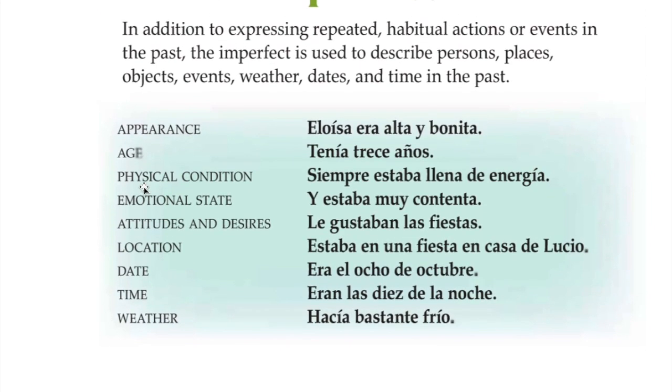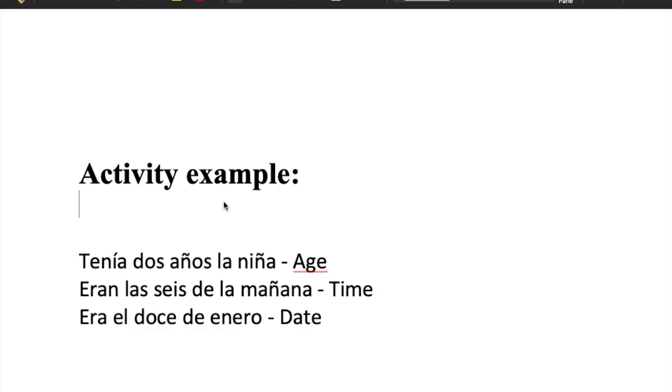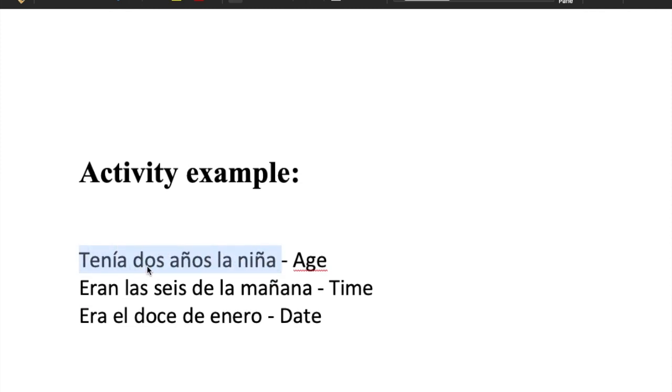So right here you have examples for appearance, for age, for physical condition, emotional state, attitudes and desires, location, date, time, and weather. Read those on your own. You'll basically have a sentence right here. Tenía 2 años la niña. This is talking about age.